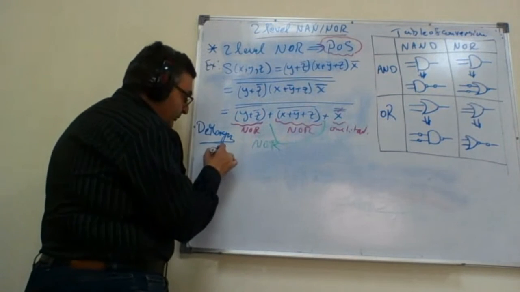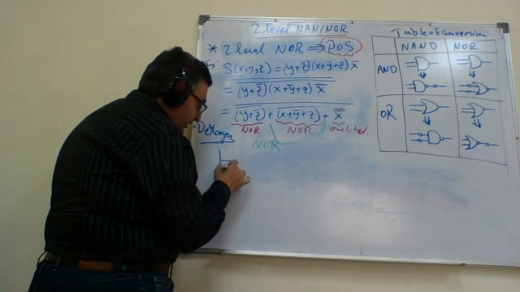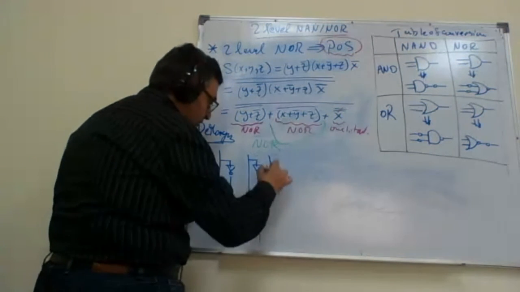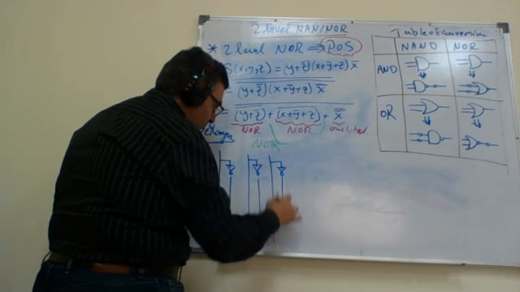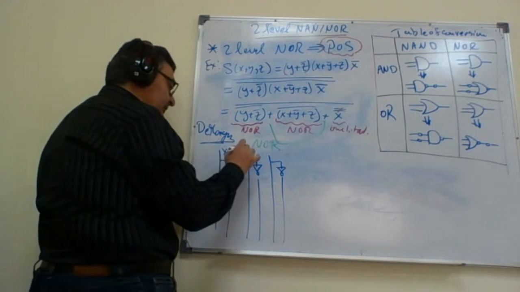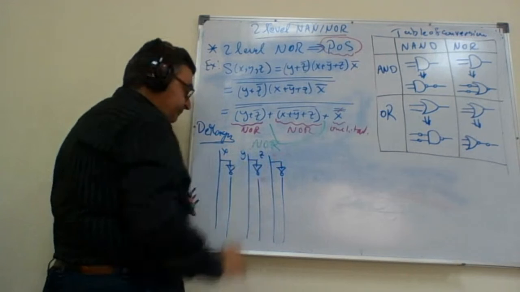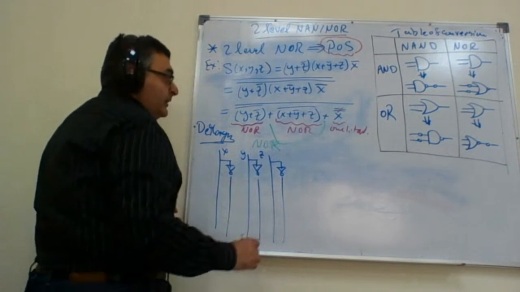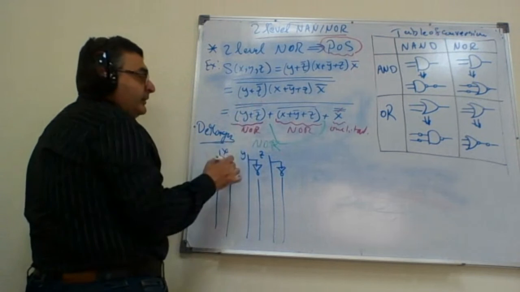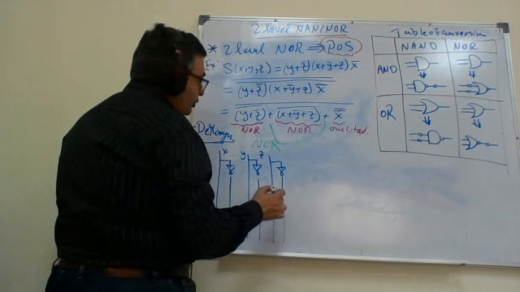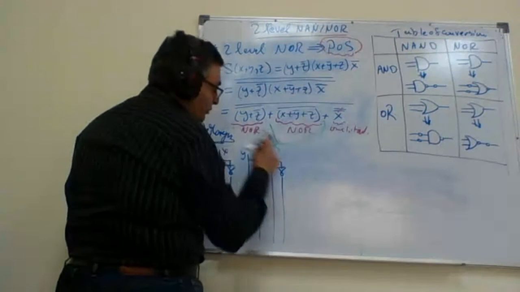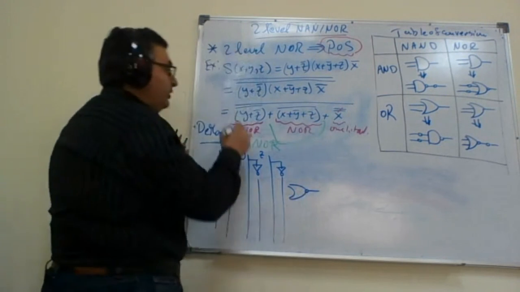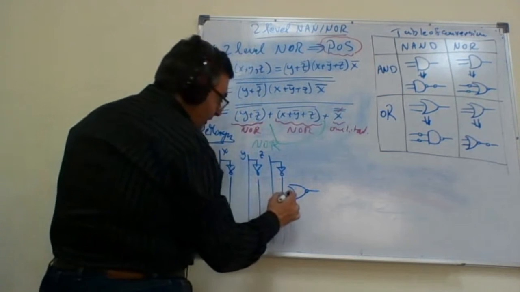Okay? So can we see the implementation for this? Exactly as we did in the previous example. Here I have the three inputs: X, Y, Z. The lines here give me X bar, Y bar, Z bar. So I will implement this. The first one is a NOR gate. You see this NOR gate? It's a NOR gate connecting Y with Z bar.